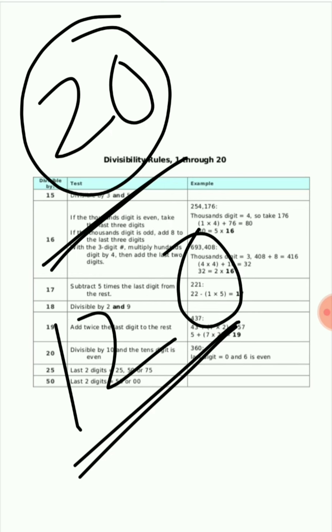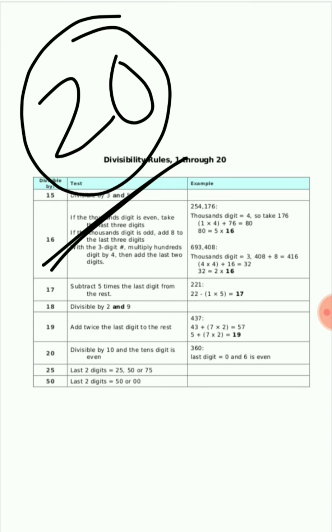We just check the last digit of the number. If the last digit is 0 and the tens digit is an even number, then the given number is divisible by 20. Here the unit digit is 0 and the tens digit is 2. 2 is even. So the given number is divisible by 20.